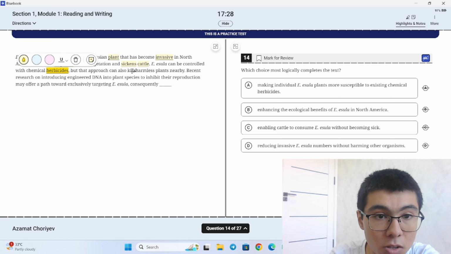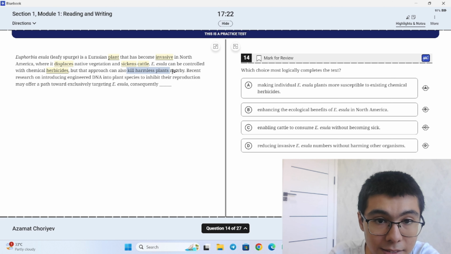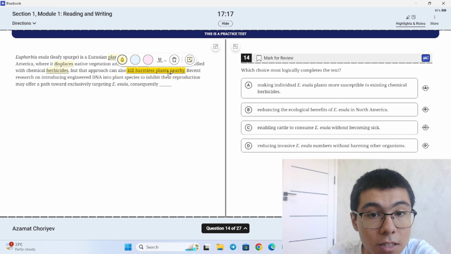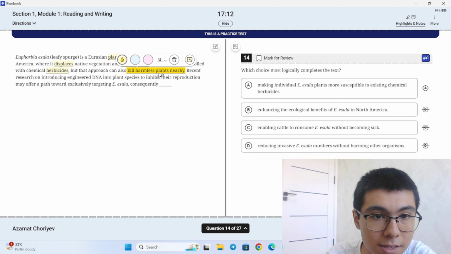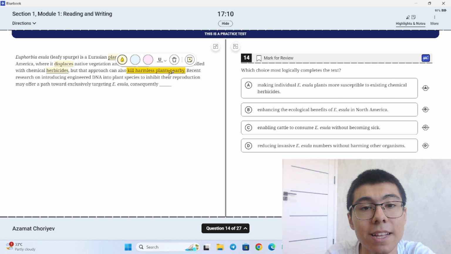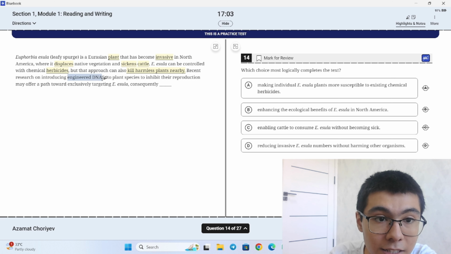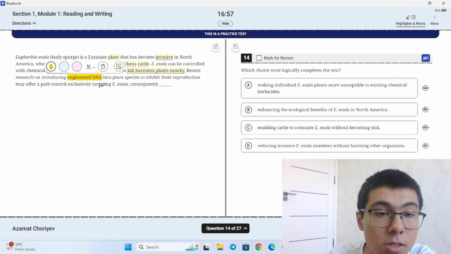But that approach can also, so here we have something positive, and then, but still, it can kill harmless plants nearby. So we gotta do something, right? Even if we will have those sorts of chemical herbicides, it's still gonna kill harmless plants nearby. Recent research on introducing engineered DNA into plant species to inhibit their reproduction may offer approaches exclusively targeting.